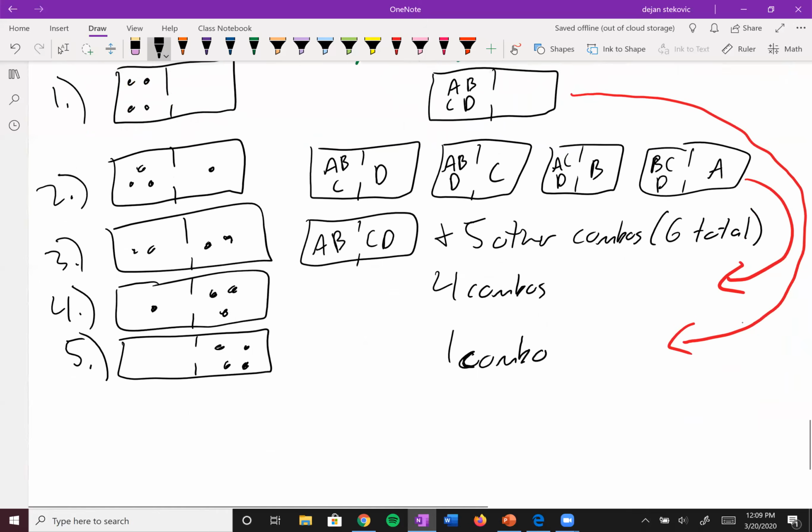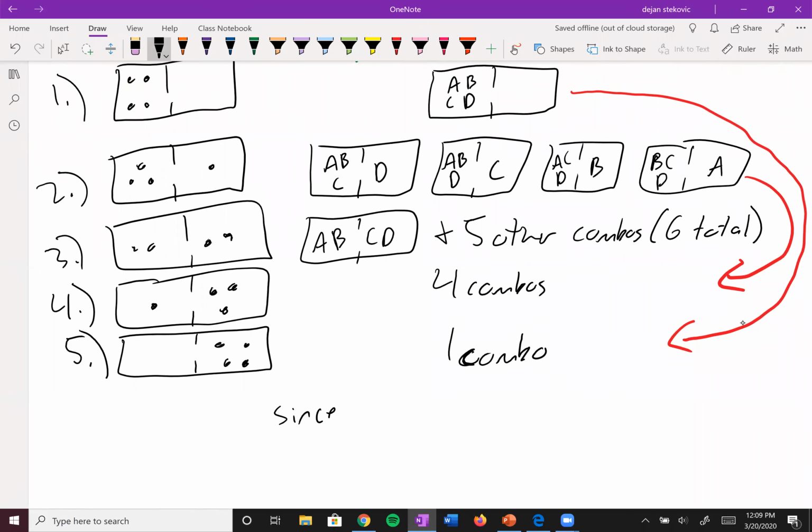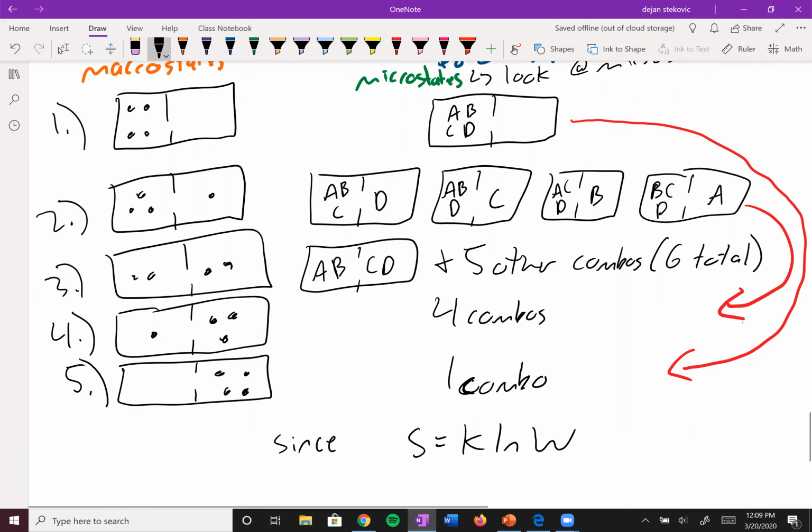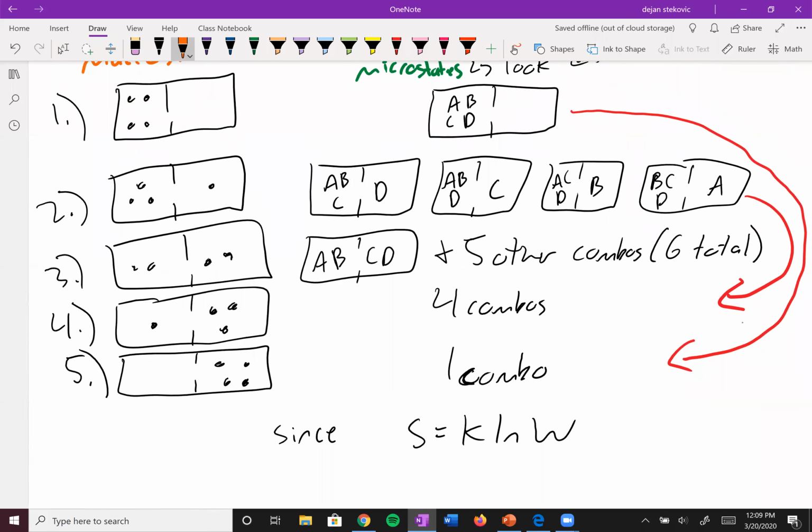right? So since we know that S is equal to K ln W, and we said W here was the number of microstates, which one of these has the largest entropy?